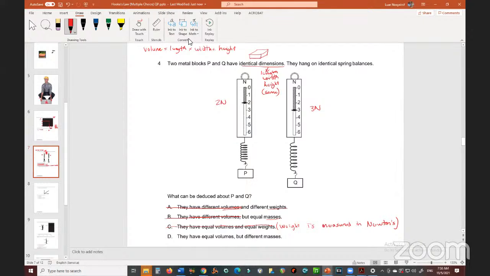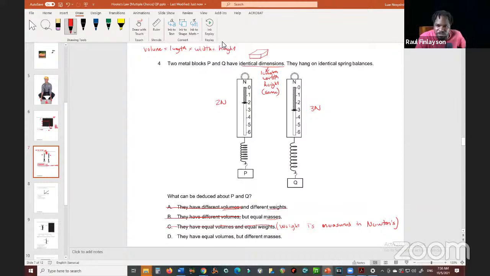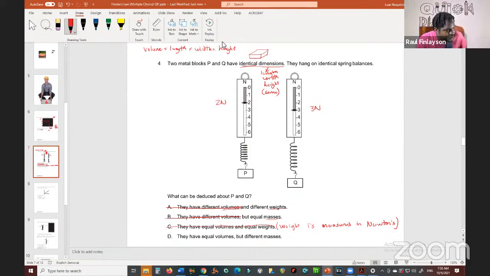If the question mentions volume, they are mentioning the three dimensions of the object at once, combining all of them, which they tell you were identical for both objects. So whatever the dimensions are for P and Q, they will be the same. Hence the word identical.